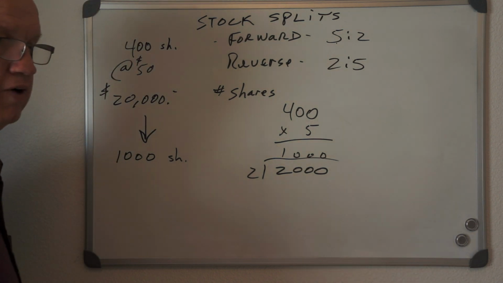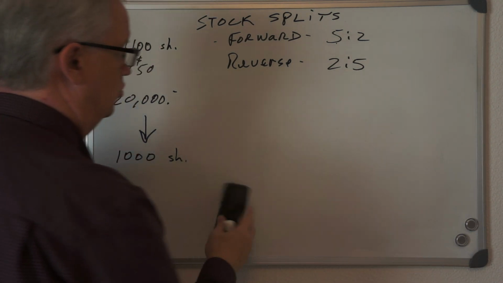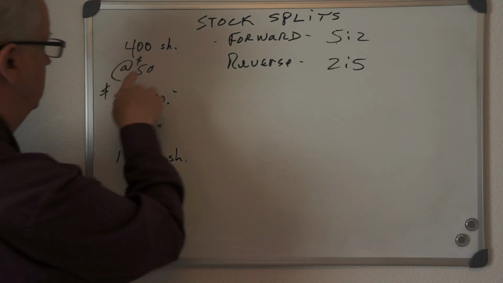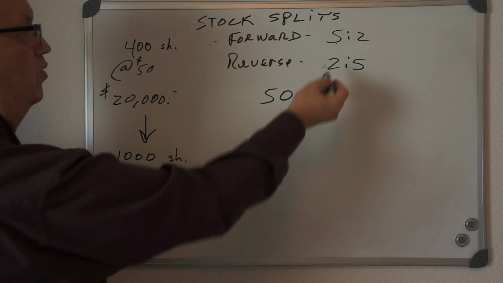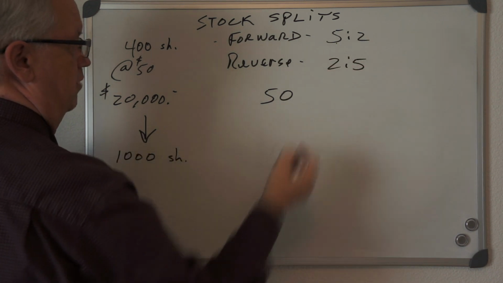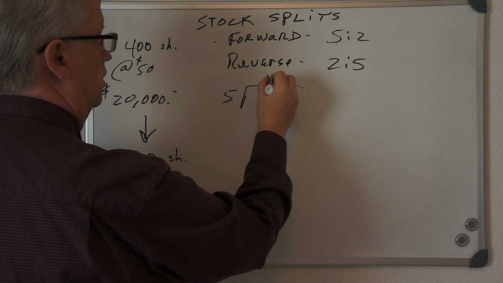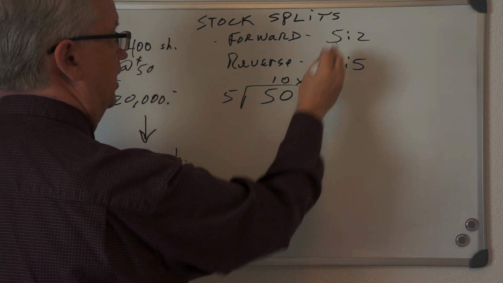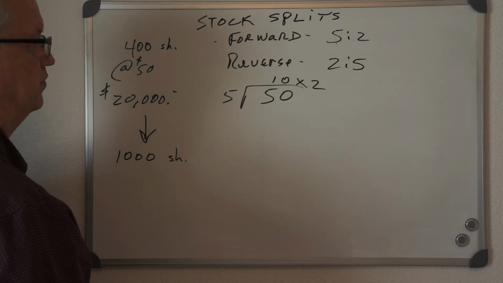But how do we figure out the value of the stock? The price, the new price of the stock. It was $50. We divide by the first, multiply by the second. Okay? Divide by the first, multiply by the second number.